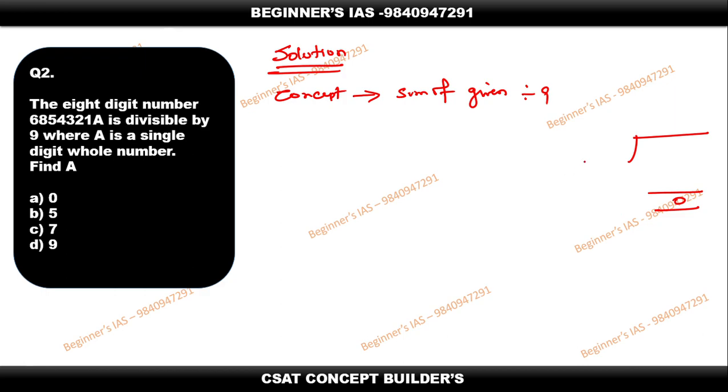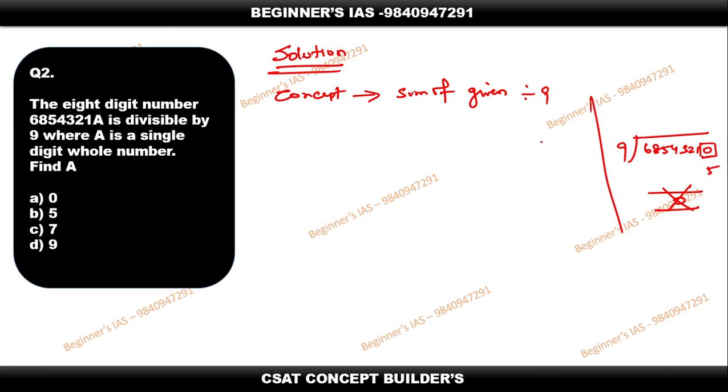That logic you can apply. For example, I am writing here 5 4 3 2 1. In the place of A, if I write 0 and while dividing by 9 it is 0, then A is equal to 0. Suppose it is not 0, then A is not 0. Then substitute the 5 and divide. So this is the normal traditional method.